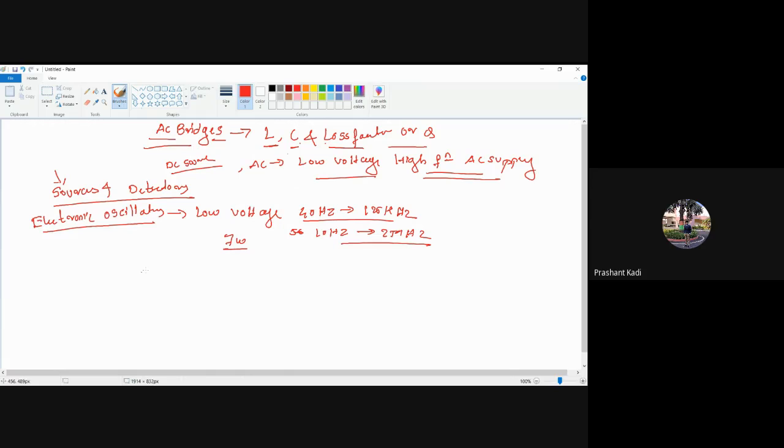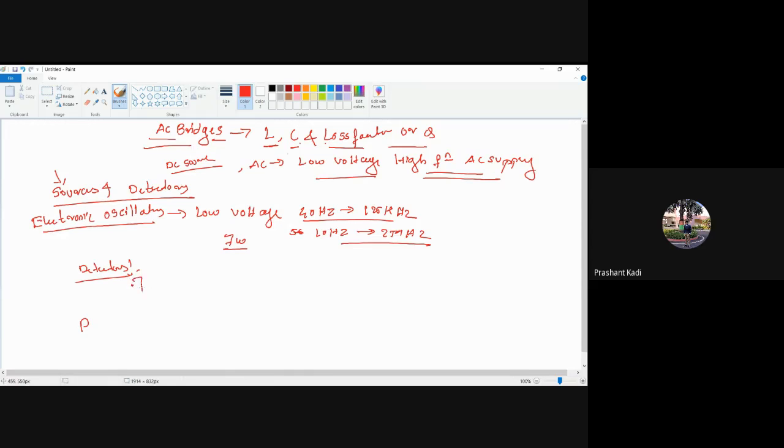Now look at the detectors. What type of detectors are required? Detectors are connected between the terminals B and D. In Wheatstone bridge, galvanometer acts as a detector. In case of AC bridges, different types of detectors are used.